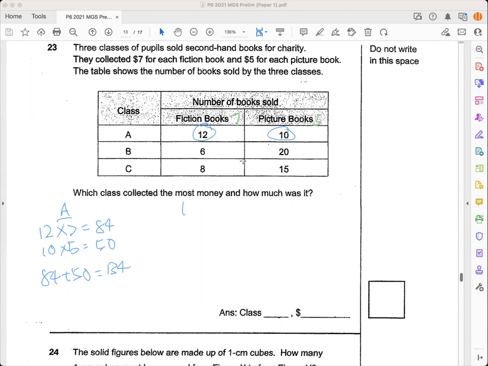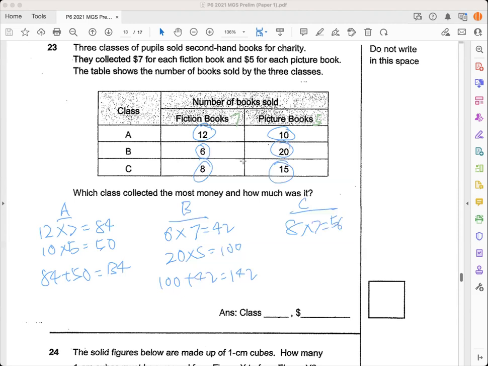Now let's look at class B. 6 times $7. 6 times 7 is 42. And then 20 picture books, 20 times 5 is 100. So class B collected 100 plus 42, $142. Now let's look at class C. 8 times $7, 56. 15 picture books, so 15 times 5, you get $75 from the picture books.